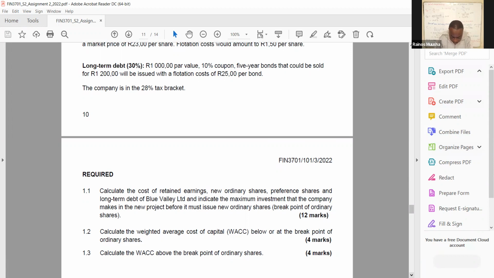Then for 1.3, they ask us to calculate the weighted average cost of capital above the breakpoint of ordinary shares. So that's question 1.2 and 1.3. We're going to be calculating this weighted average cost of capital based on the information that we've calculated here.